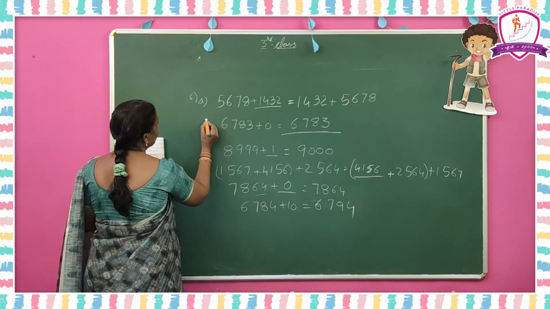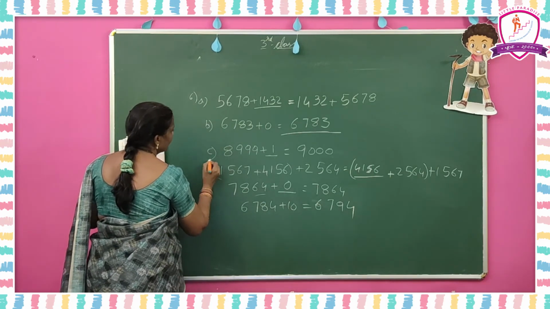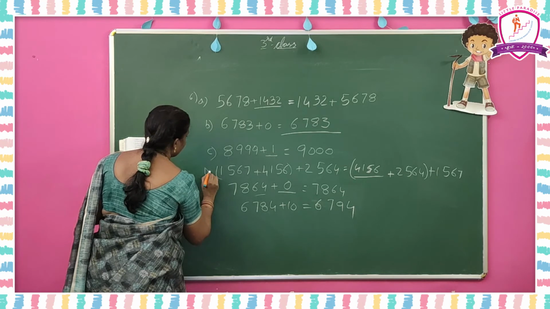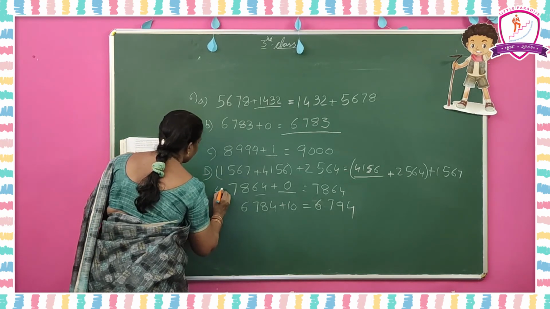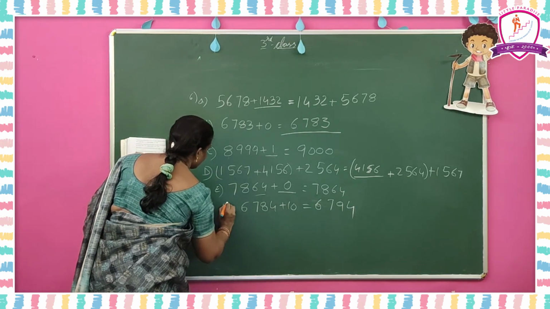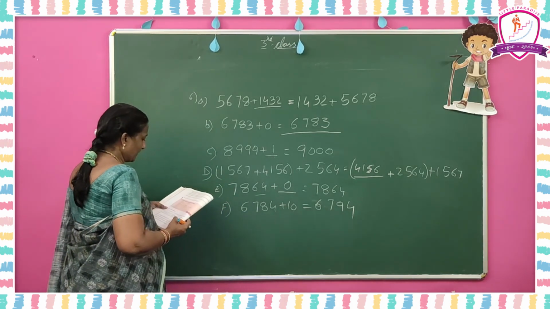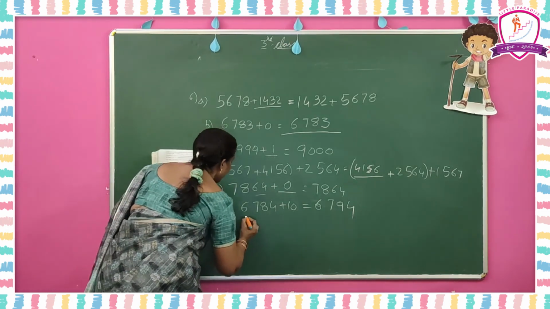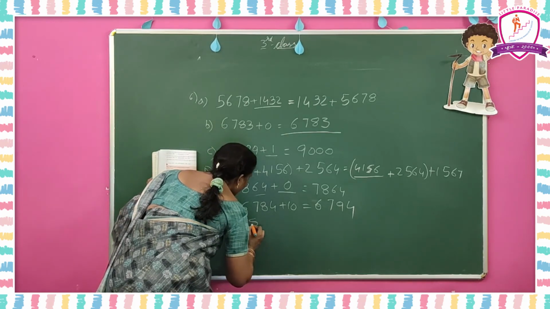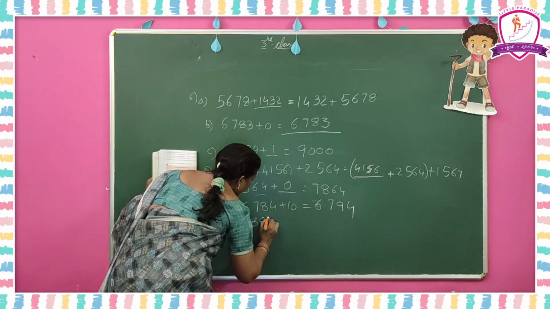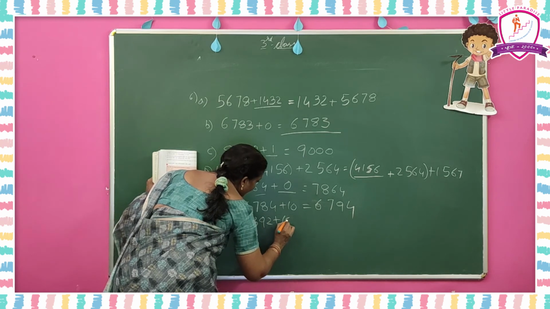This is the A blank, this is B blank, this is C. What about the next? 7,892 plus 100.